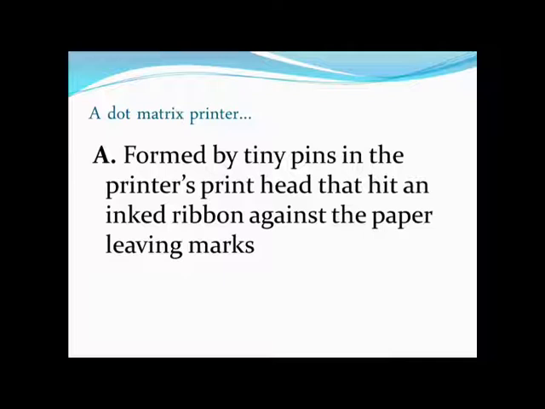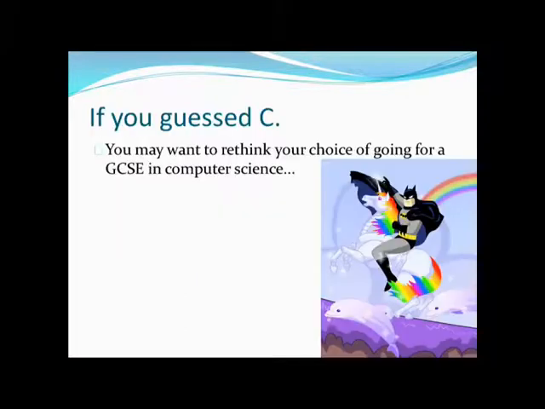The answer is A, formed by tiny pins in the printer's print head that hit an inked ribbon against the paper leaving marks. If you guessed C, you may want to rethink your choice of going for a GCSE in computer science.